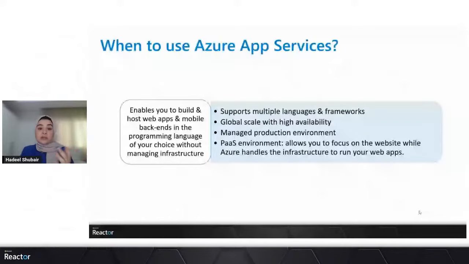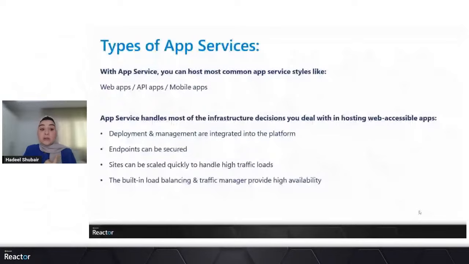Now with App Services, as I mentioned, you can host the most common application styles that you commonly use and see: web applications, mobile applications, and API applications as well. App Service handles most of the infrastructure that you need, so you don't have to do that. You just focus on deploying and running your environment, while Azure App Services does all that work for you.